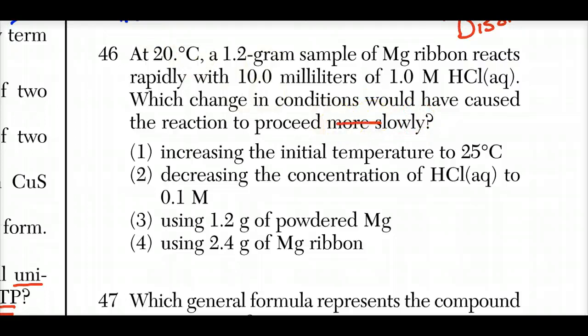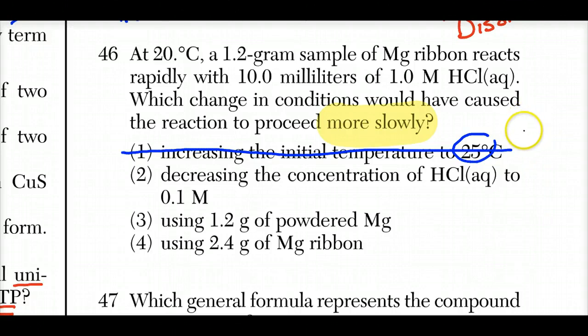So this is a rate of reaction problem. We want to make this react more slowly, so we're looking for some factor that's going to make the reaction slower. Well, increasing the temperature is going to make the reaction go faster because it's going to create more effective collisions. Higher temperature means more motion, more collisions.